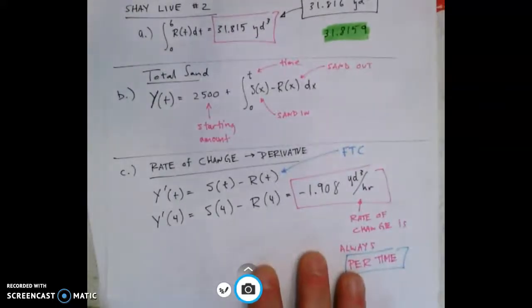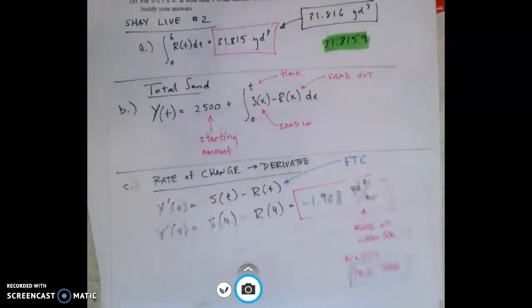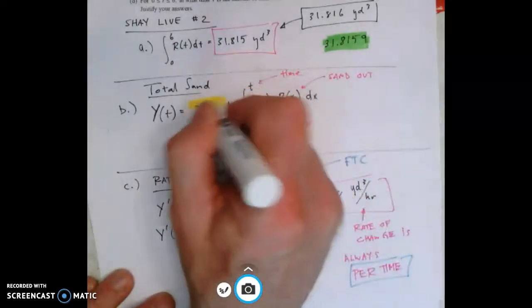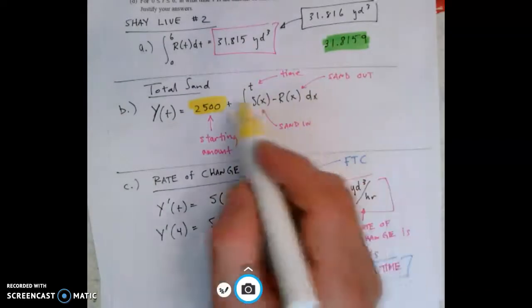So part B. The question is, write an expression for y of t for the total number of cubic yards of sand on the beach. Well, for that total number of cubic yards, I need to be talking about my starting amount. So that's my initial. That's essential that I'm recognizing that. And I'm adding the rate of change difference.